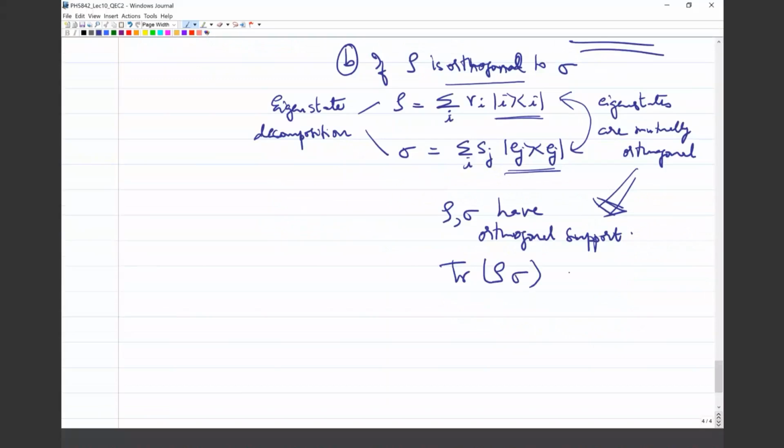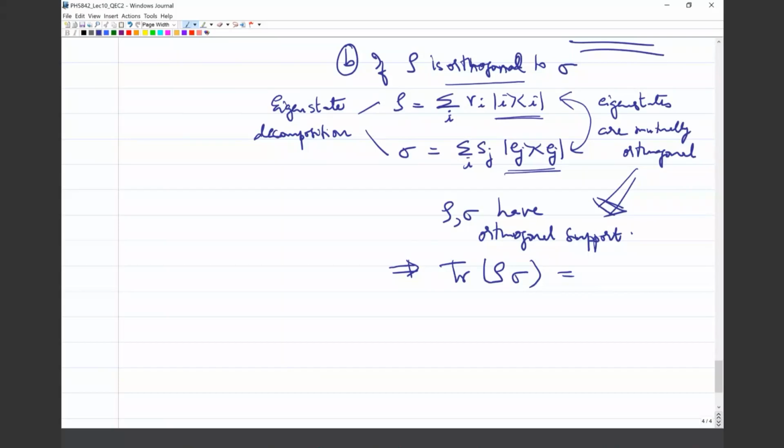Another way of saying it would be in terms of trace rho sigma. So what would be trace rho sigma when they are orthogonal? Remember, trace of A dagger B is like an inner product between two operators.